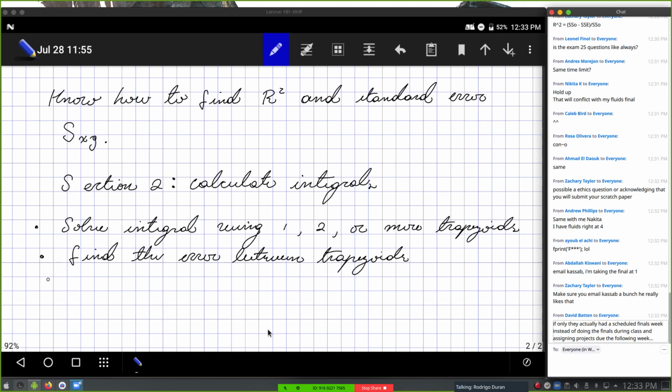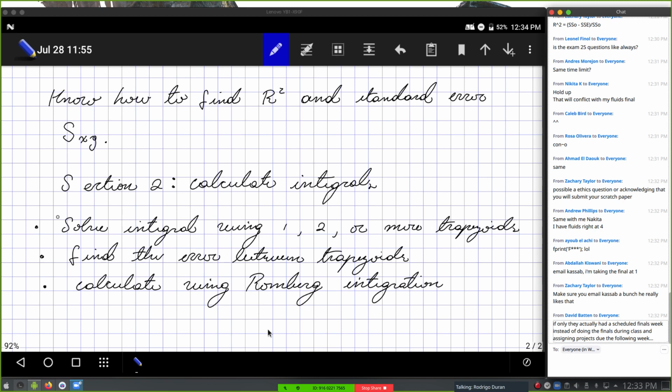And finally, you have to know how to calculate using Romberg integration.